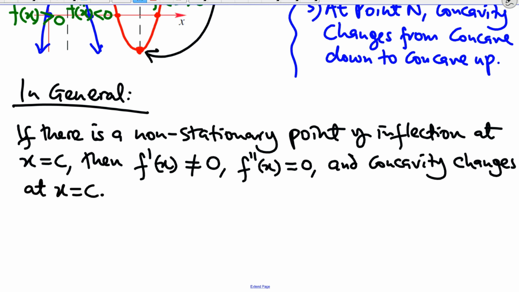So these three things are very important for you to have a non-stationary point of inflection.